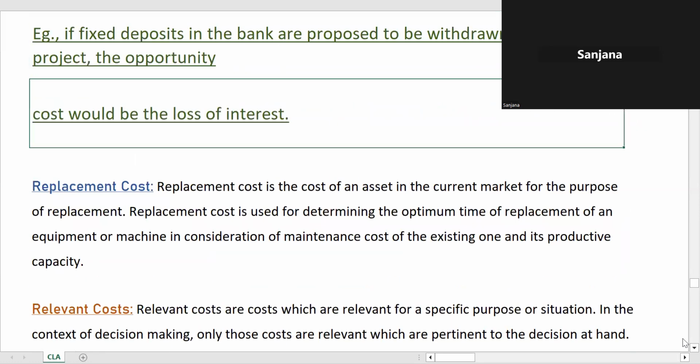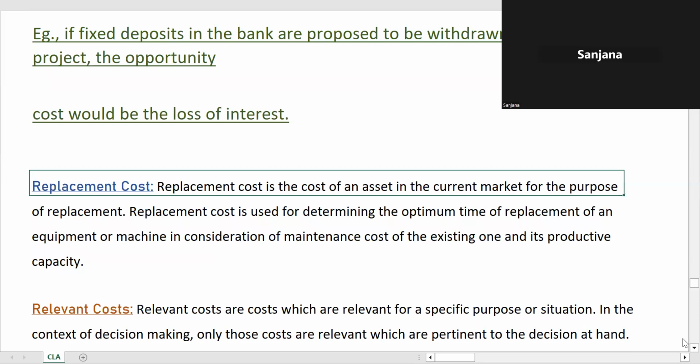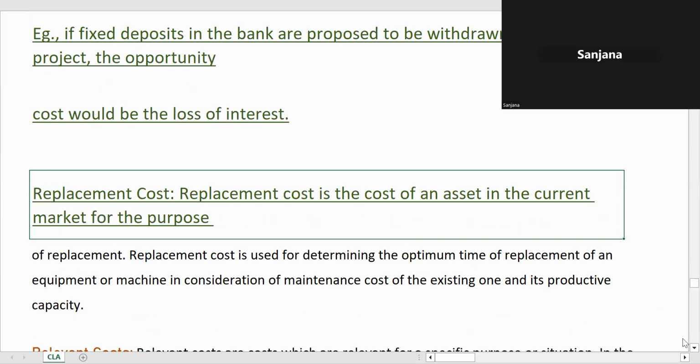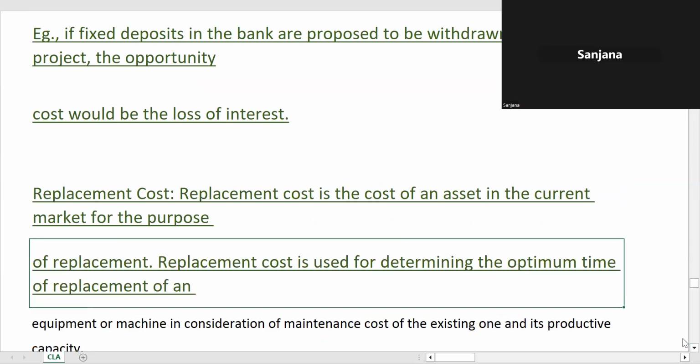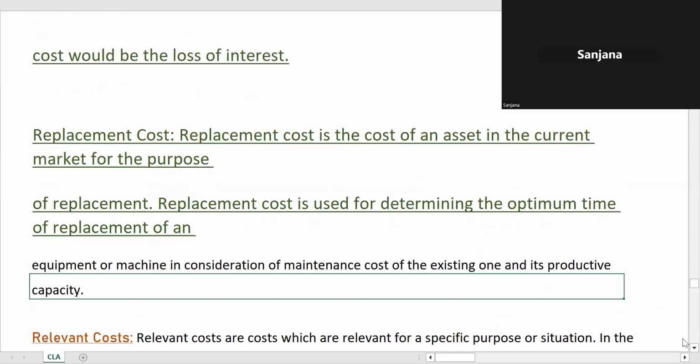Now next is replacement cost. If you want to replace an asset, whatever is its current cost, that will be your replacement cost. It is the cost of the asset in the current market for replacement. It is used for determining the optimum time of replacement of an equipment.